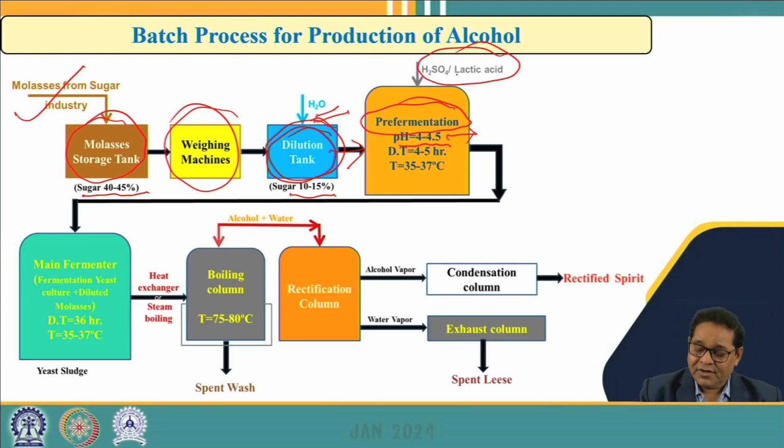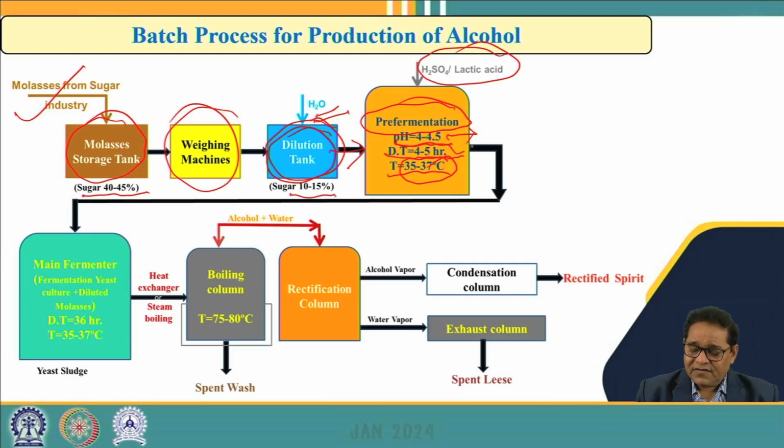For that we have to add H2SO4 or lactic acid in this pre-fermentation tank in order to bring the pH down into this range. Then another condition to maintain is temperature. This has to be heated to around 35 to 37 degrees centigrade. At this pH and temperature, the entire liquor is fermented using the yeast cultures.